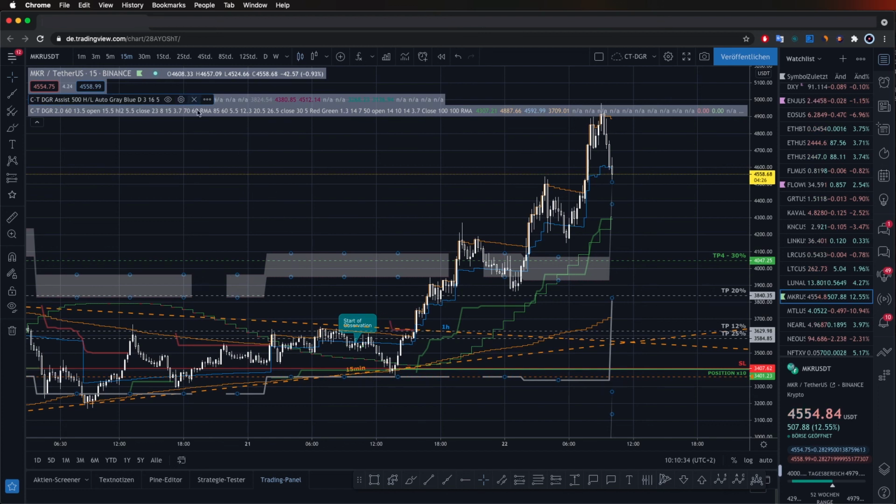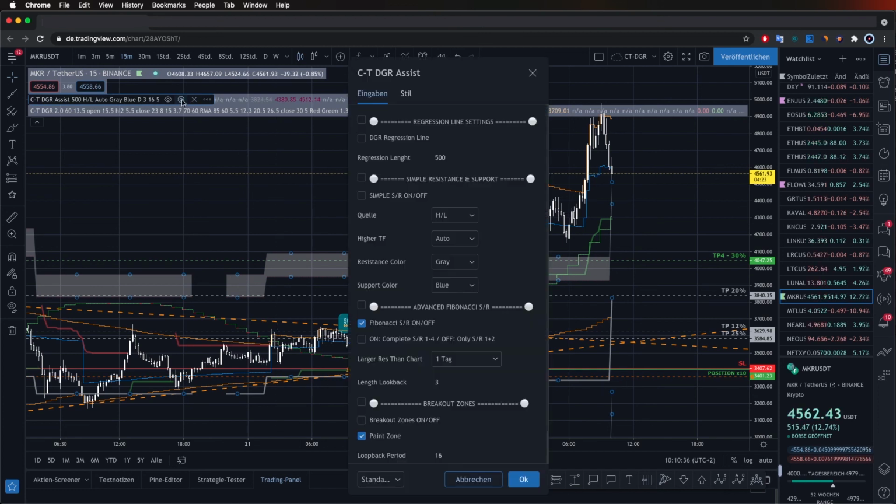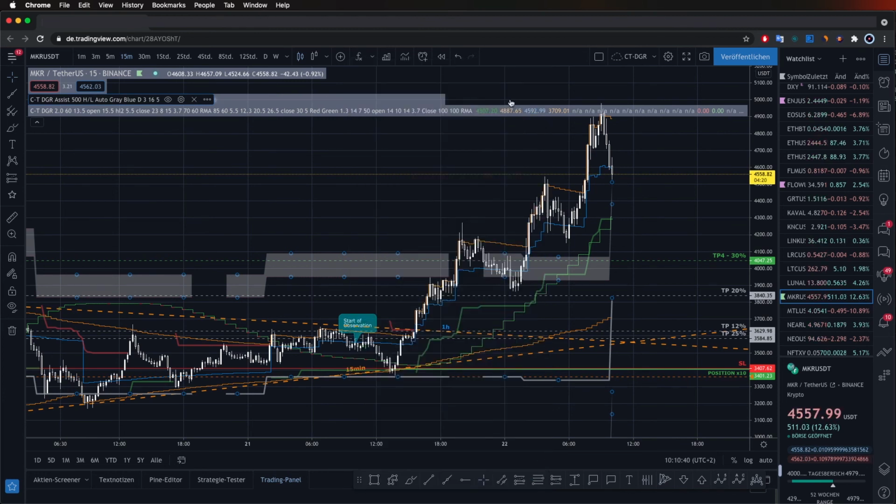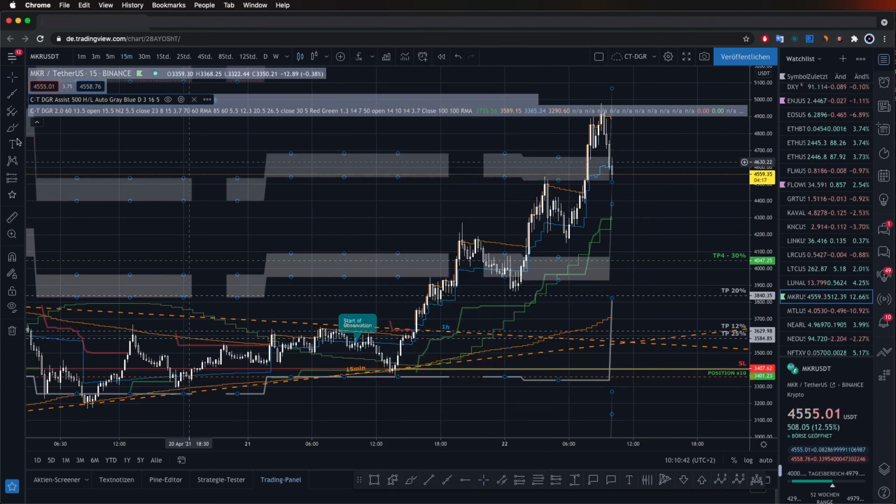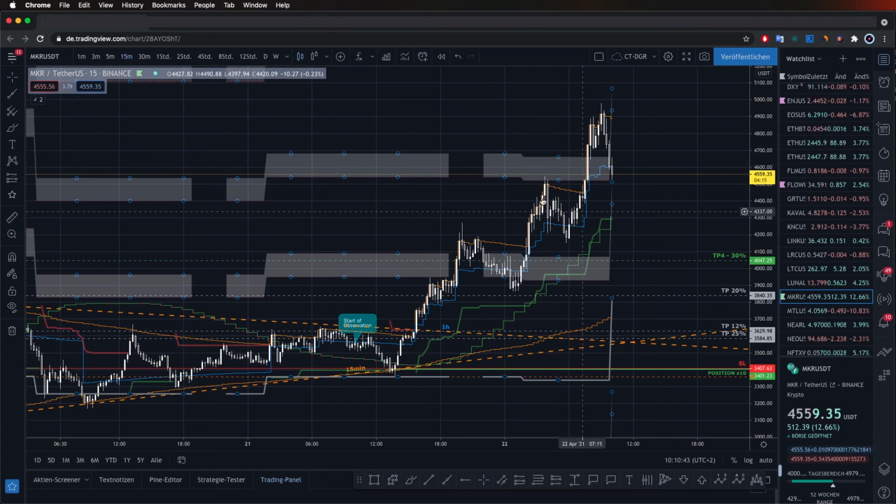Let me look at the fib boxes shortly. Where are the next ones? Ah, yeah, you see in this moment, this fib box we just went through like a knife through butter again. And now we find kind of resistance just at the very start of this fib box.